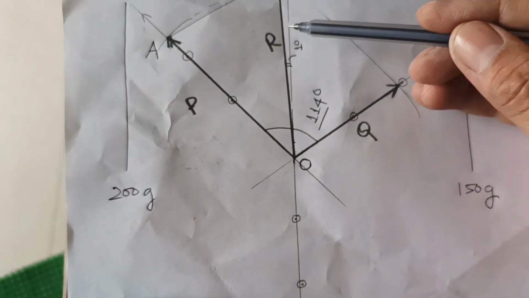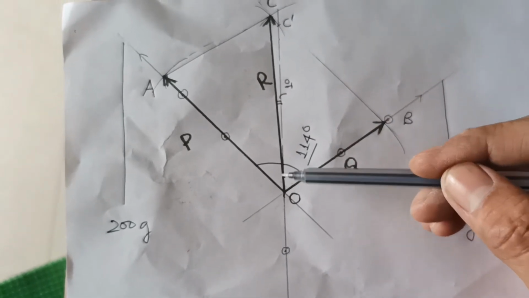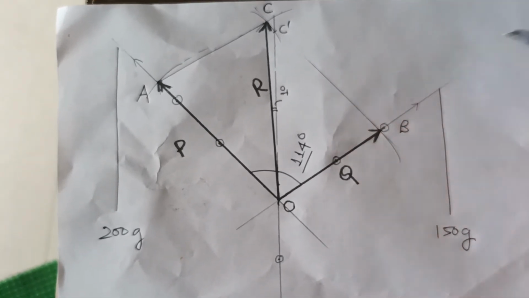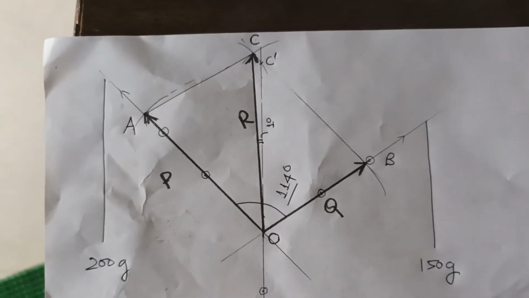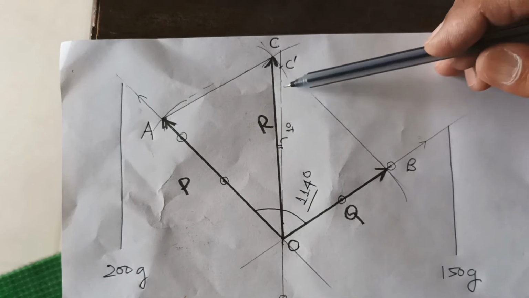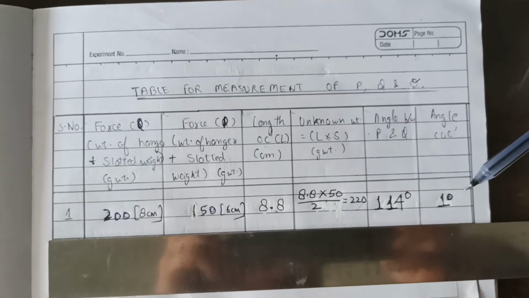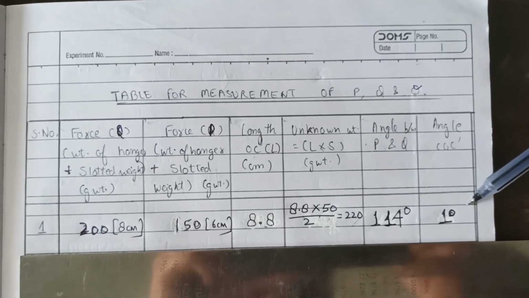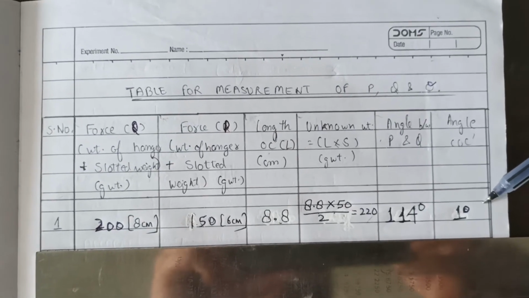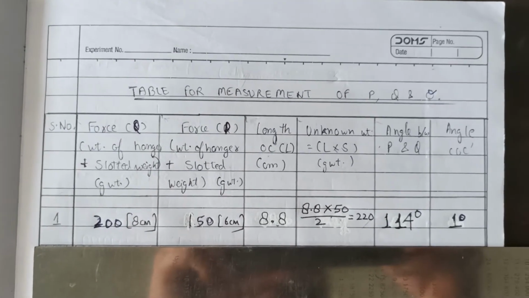In this way it is going up to C dash. So this OC is making an angle of 1 degree. So this is COC dash angle. It is 1 degree here in this case. All these observations recorded, and in this way we will record 2 more observations.